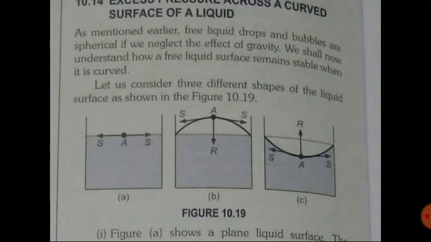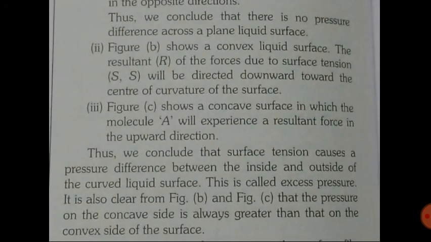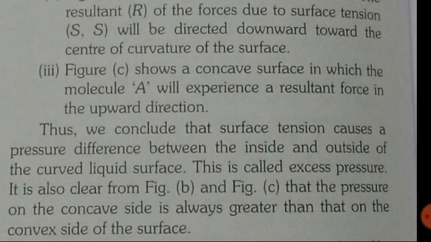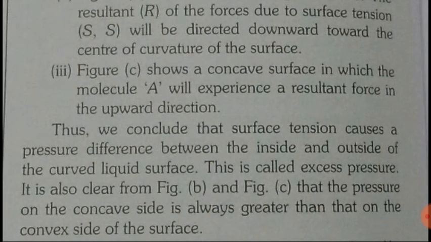We will discuss these curved surfaces in more detail in the next lecture. For today we have only this conclusion: surface tension causes a pressure difference between the inside and outside of a curved liquid surface. This line is very important.